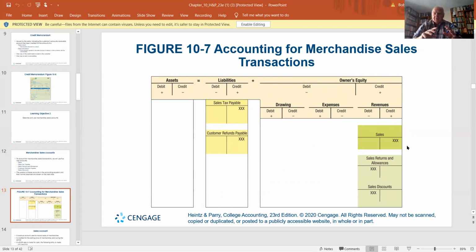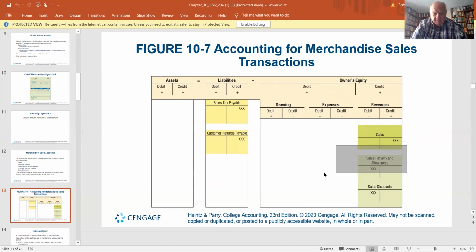That's the total that you billed out to customers, okay? But it does not necessarily represent the amount you are going to receive in cash from your customers, because you have to anticipate that customers are going to return things, customers are going to take a sales discount that you offer, okay? So those are contra accounts.